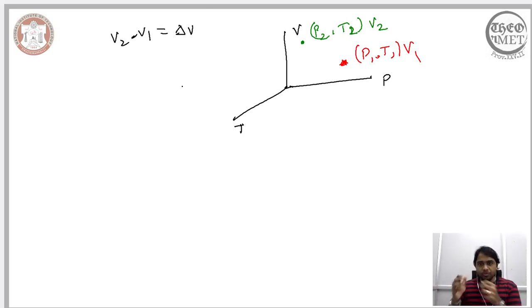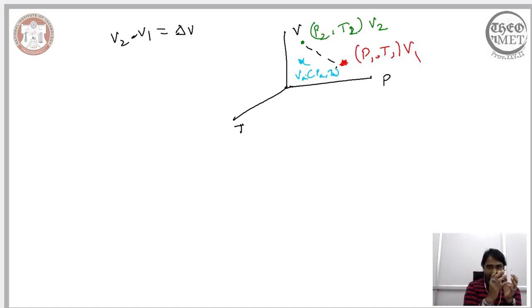Now suppose instead of directly moving from V1 to V2, we take a path in such a way that we take an intermediate step here, which is VA, that is described by PA and TA. So we take a detour. Instead of directly going from V1 to V2, we move away from this direct route.